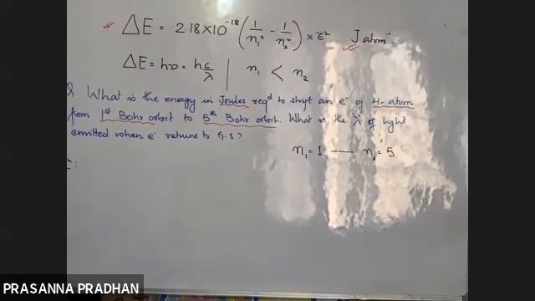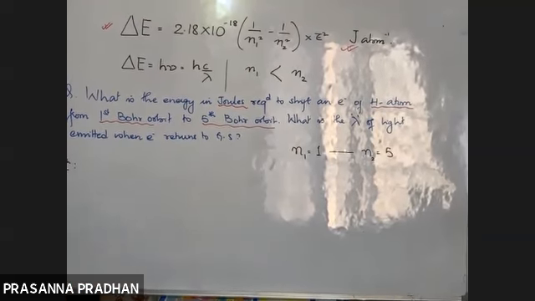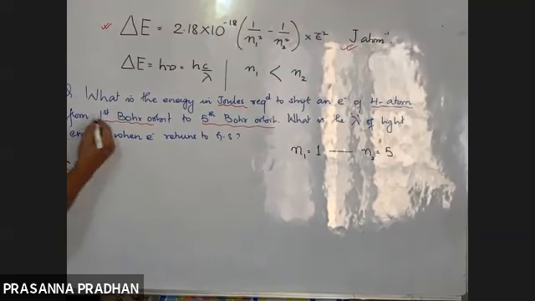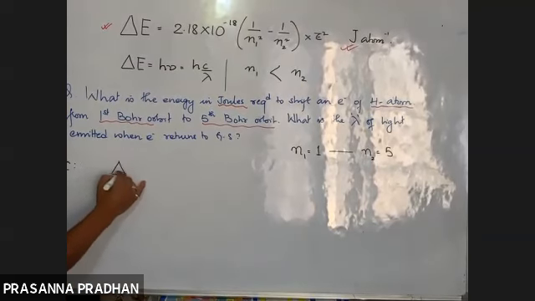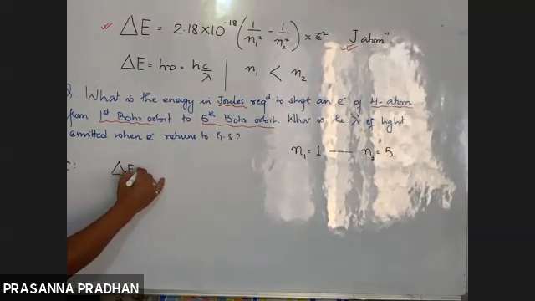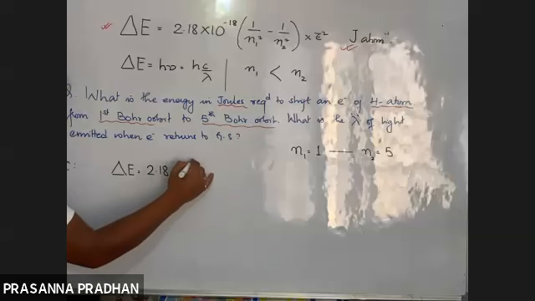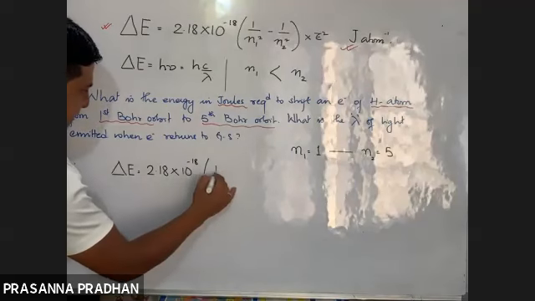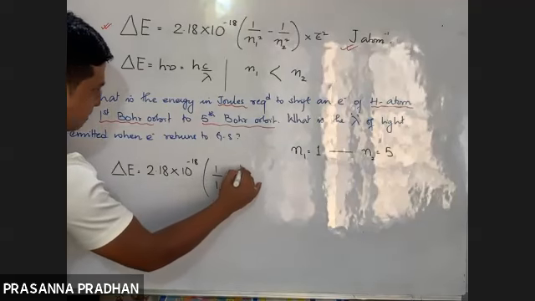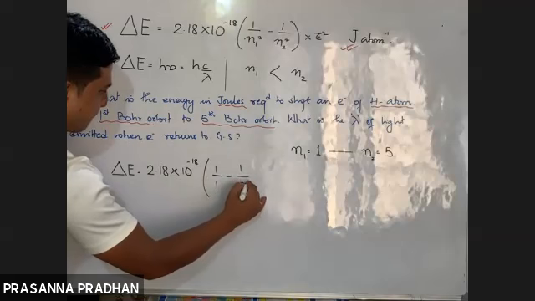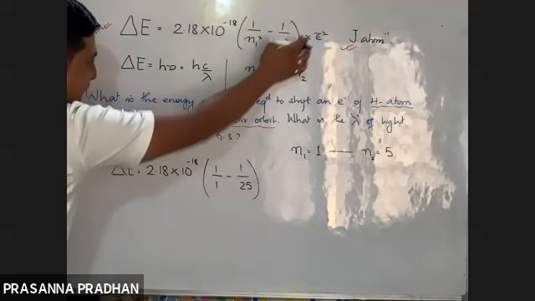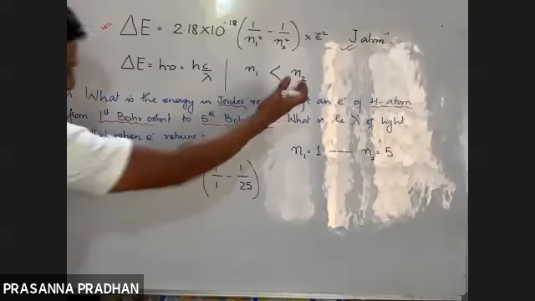Which equation will you use? Yes, delta E, the energy required. Delta E is equal to, there is no minus here, right? 2.18 into 10 to the power minus 18. Now what is the value of N1? From the first Bohr orbit means N1 is 1, so 1 minus 1 by 5 square, 25. The value of Z I'll put as 1, because it is a hydrogen atom.